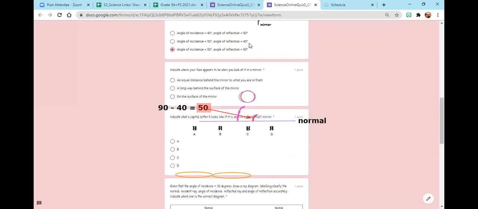Indicate where your face appears to be when you look in a mirror. This is Malak's face.